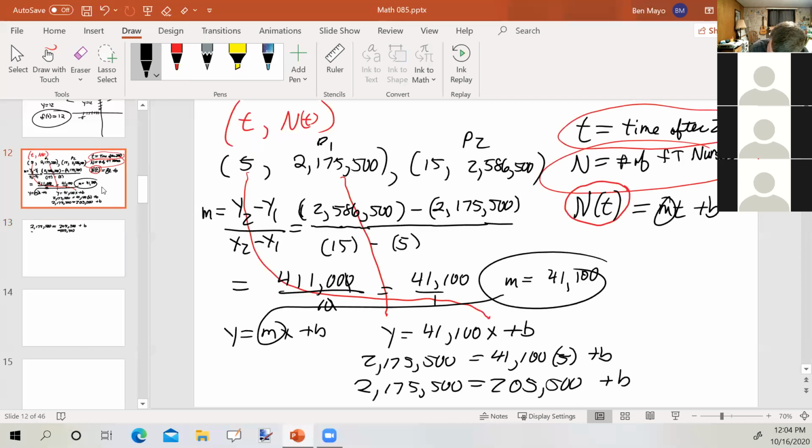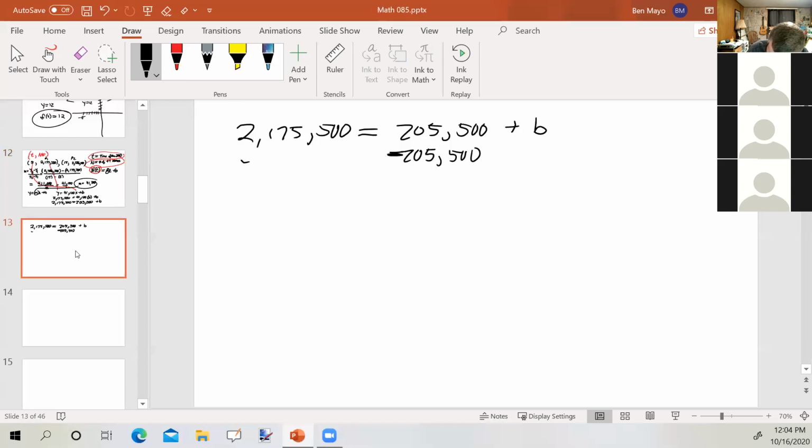Wait, is that right? Yeah, it is. I was wondering if I didn't have enough zeros there or something. So 2,175,500 minus 205,500, 1,970,000 equals b.